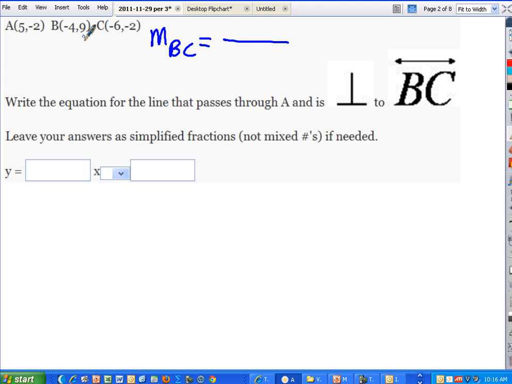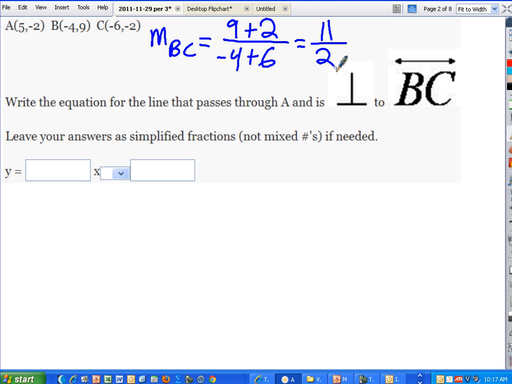Or I can do it the other way, but I just have to be consistent. Do the same thing for both x's and y's. So I could say 9 minus -2 over -4 minus -6, right? Everybody see that? Okay. So that's going to give me 11 over 2 as the slope of BC.